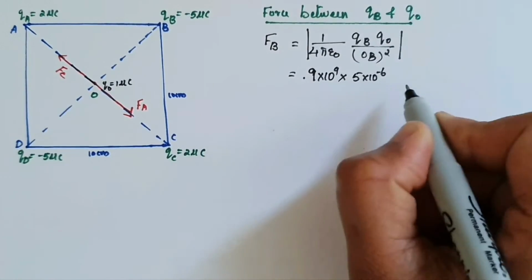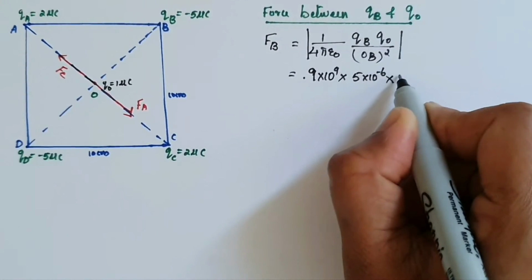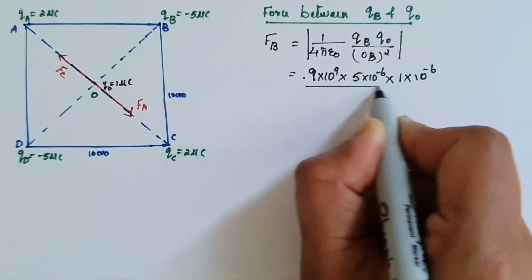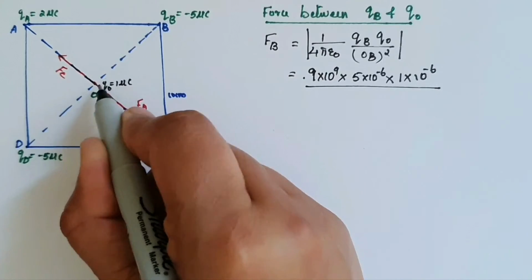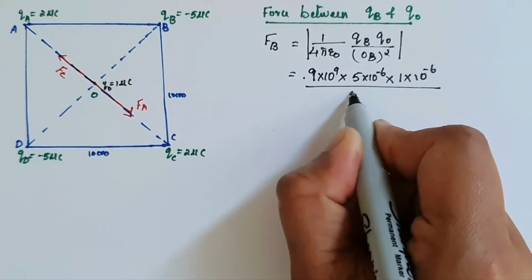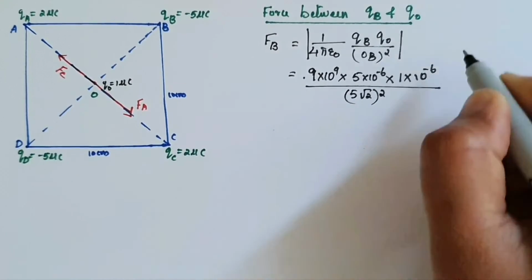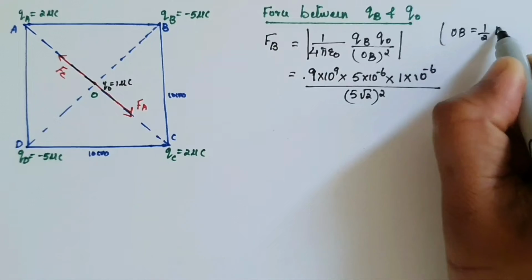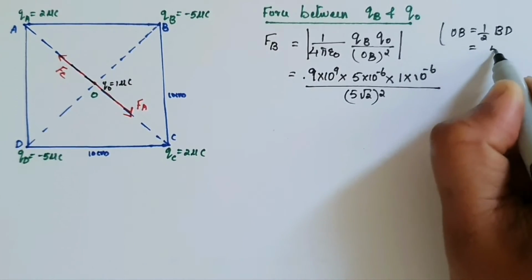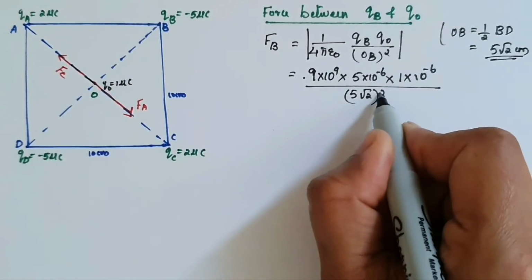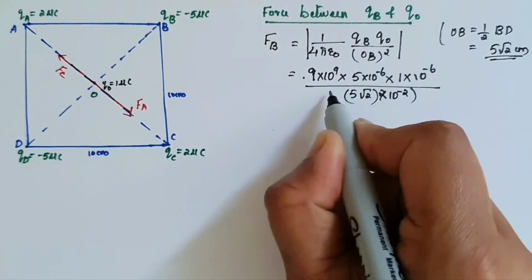Into Q0, that is 1 microcoulomb, 1 into 10 raised to minus 6, all divided by the distance between Q0 and QB, OB square, that is 5 root 2 whole square, where OB is half of BD. This is equal to 5 root 2 centimeter. So 5 root 2 into 10 raised to minus 2 whole square.